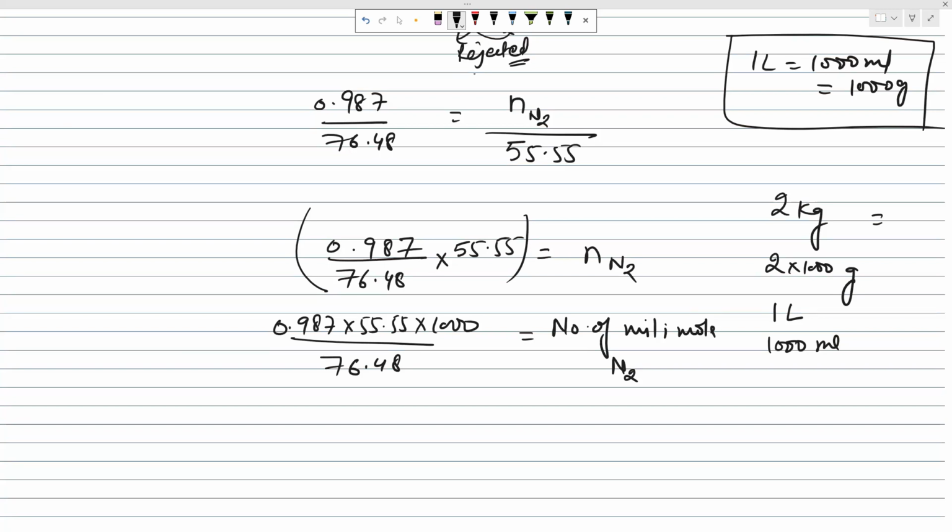What value are you going to get here approximately? Just assume that it is 0.98, just for example. You can assume this is 1.0, as 0.98 is very close to 1. So 1 into 55.55 into 1000 upon 76.48.